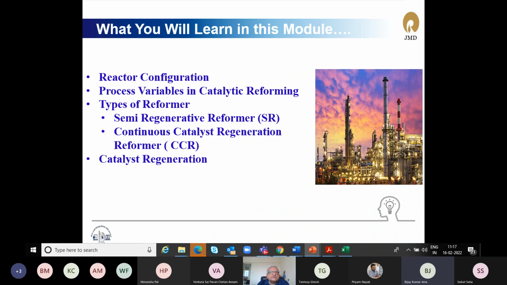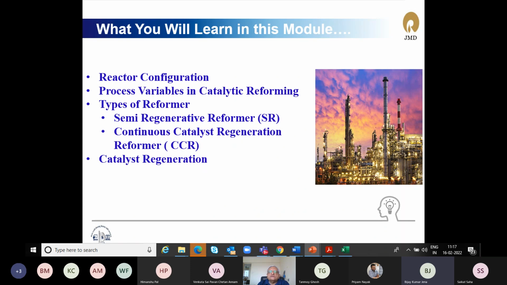And in the industry today, we have two major types of reformers. One is called a semi-regenerative reformer, and the other is called the continuous catalytic regeneration reformer. Actually, the names of these two reforming technologies are because of the way we regenerate the catalyst. In a semi-regenerative reformer, we don't continuously regenerate the catalyst.